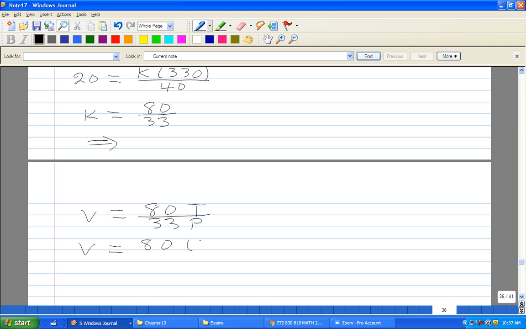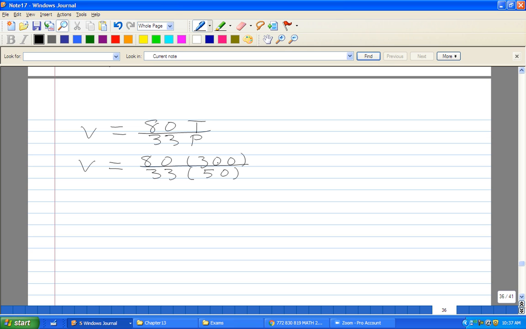The temperature is 300. And the pressure increased to 50. Okay. So the 3 cancels with that 3, so that's 11. And then one of the zeros cancel. 80 divided by 5 is 16.